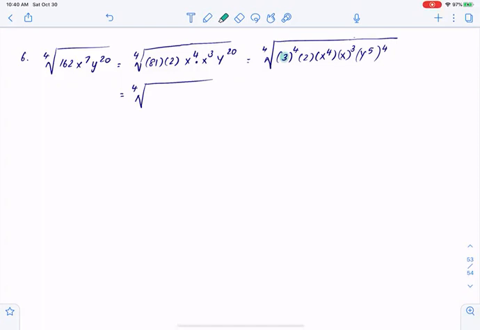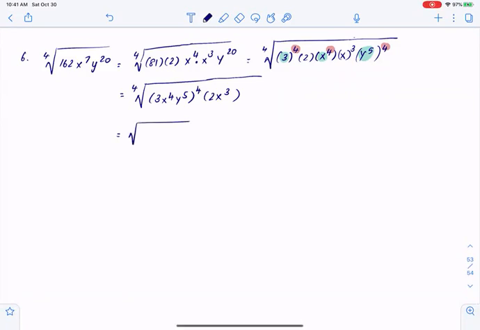So I see 3x and y raised 5 share the same exponent. So I can combine them and write it as 3x raised 4, y raised 5 raised 4. And whatever that we left behind is 2x cubed. Nothing can be done about that.